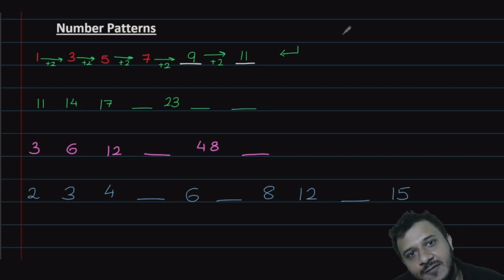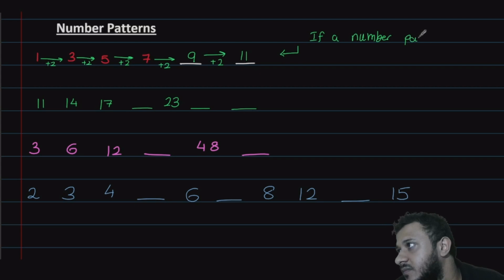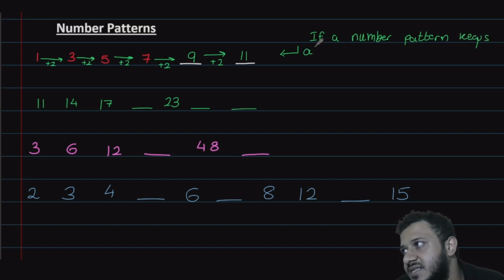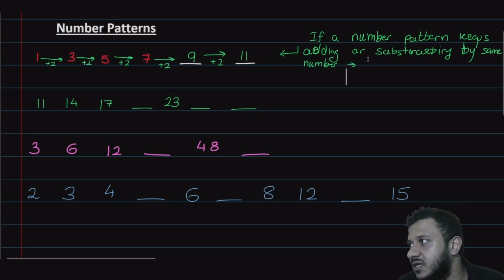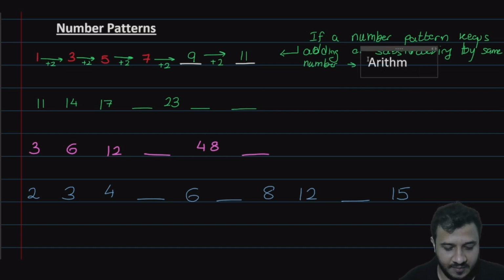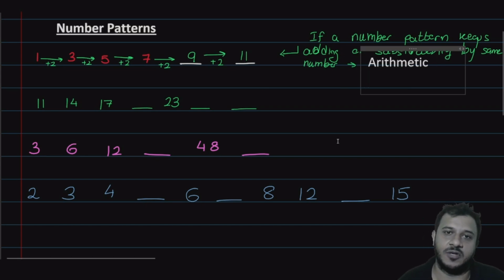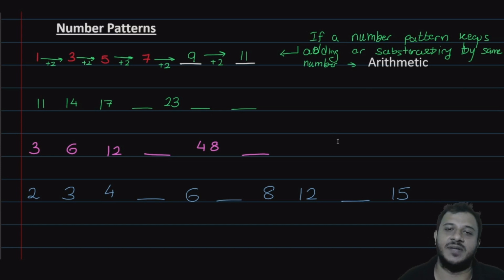If a number pattern keeps adding or subtracting by the same number, that type of thing we call, remember this word, an arithmetic pattern, or arithmetic number sequence.